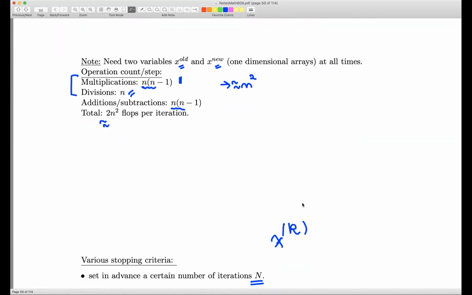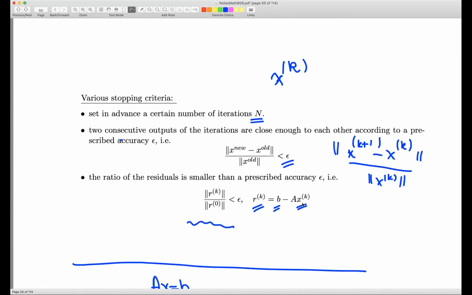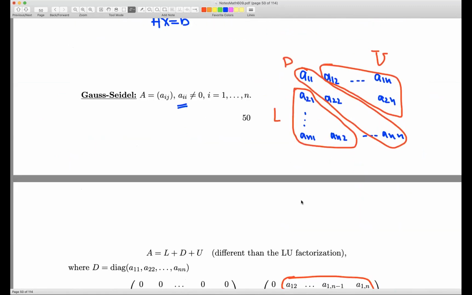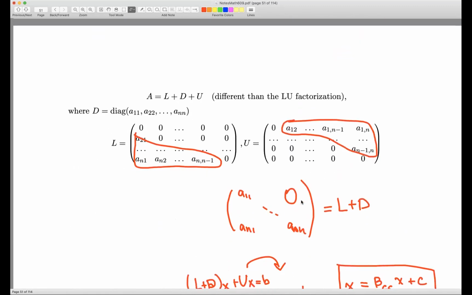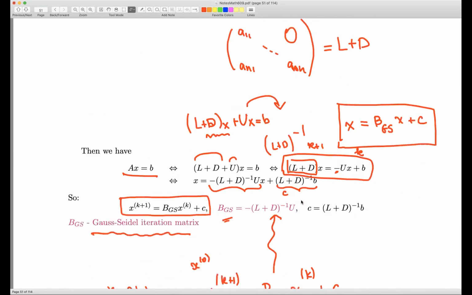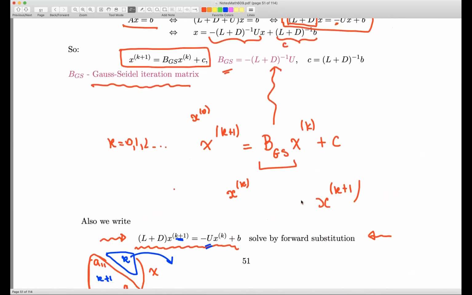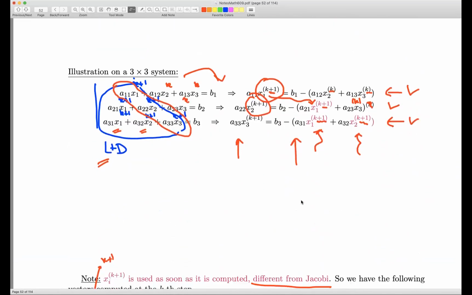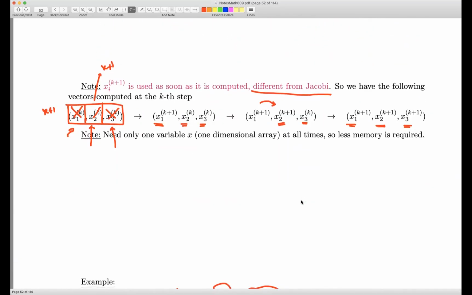Because of that, we have a faster convergence when we apply the Gauss-Seidel iteration method to find the approximate solution to our system.